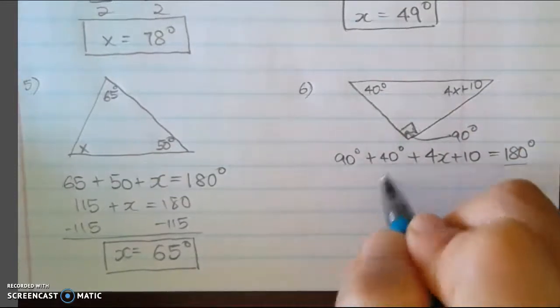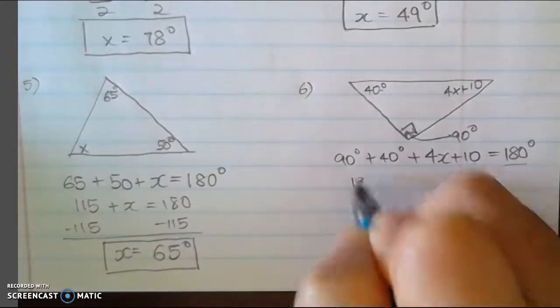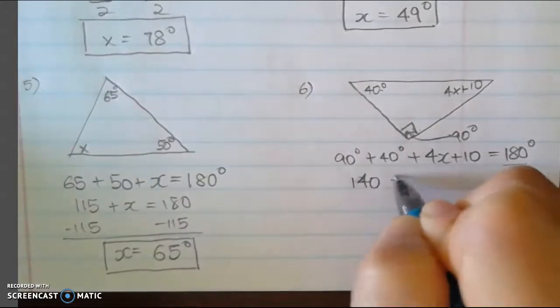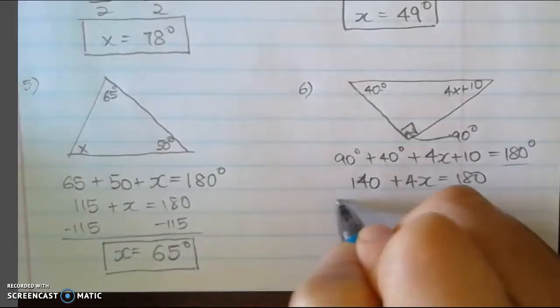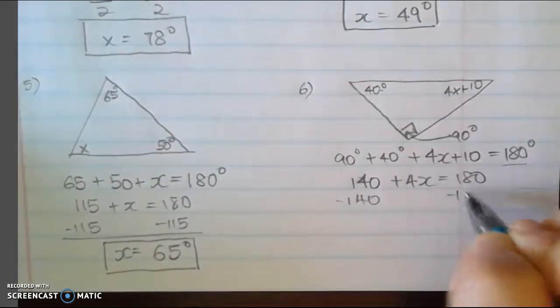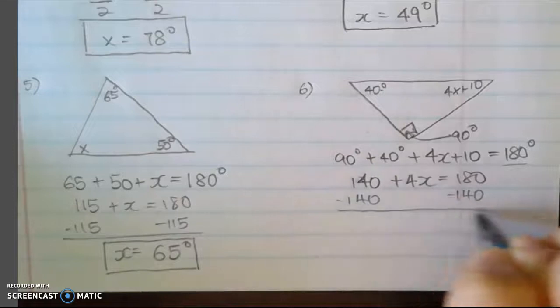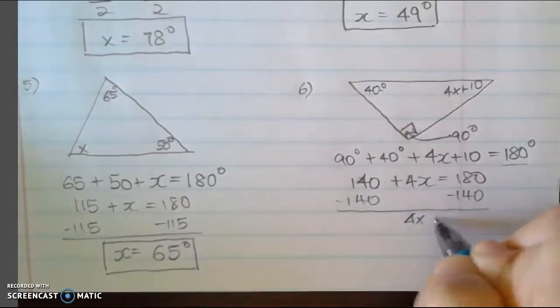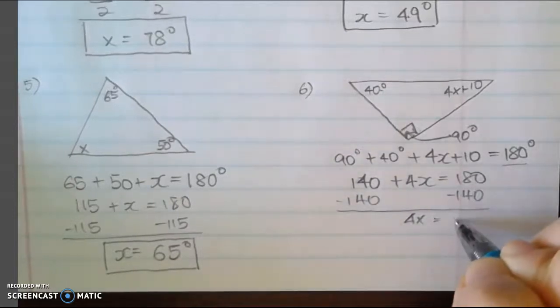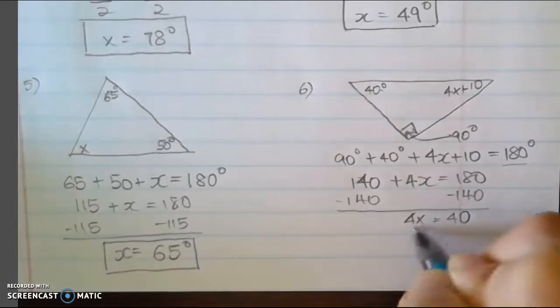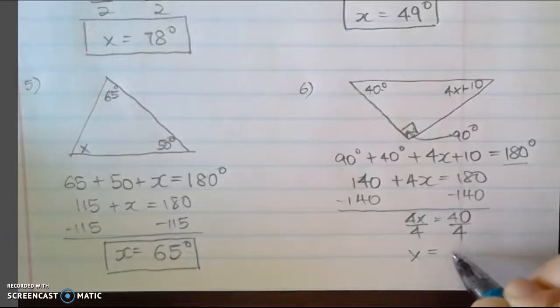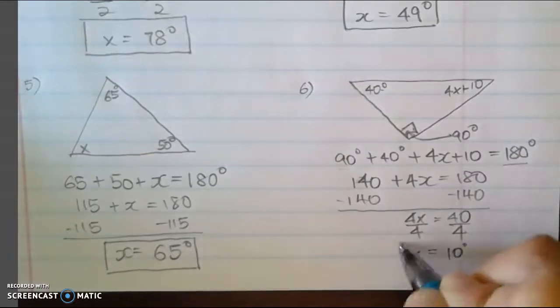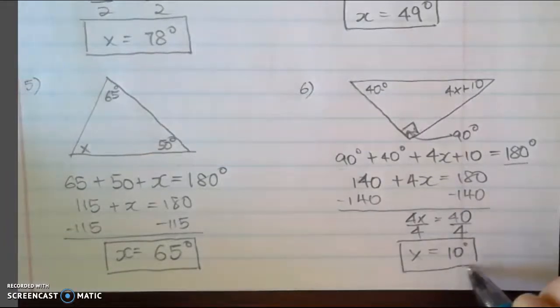So 90 plus 40 is 130, plus 10 is 140, plus 4x is 180. Subtract 140 from both sides, and you're left with 4x is equal to 180 minus 140, which is 40. Divide both sides by 4, and you get x is equal to 10. And you just needed to solve for x here.